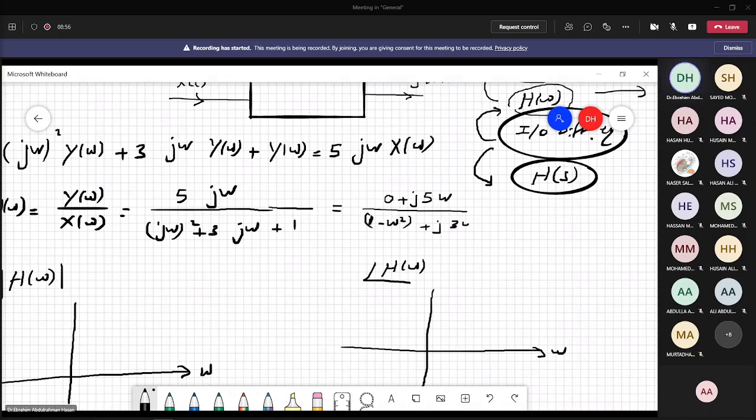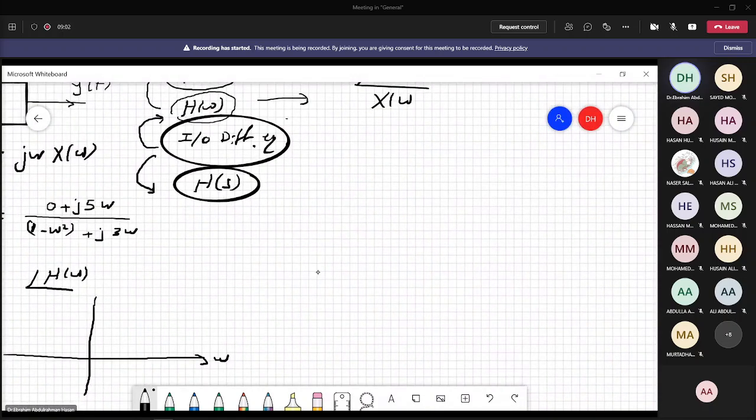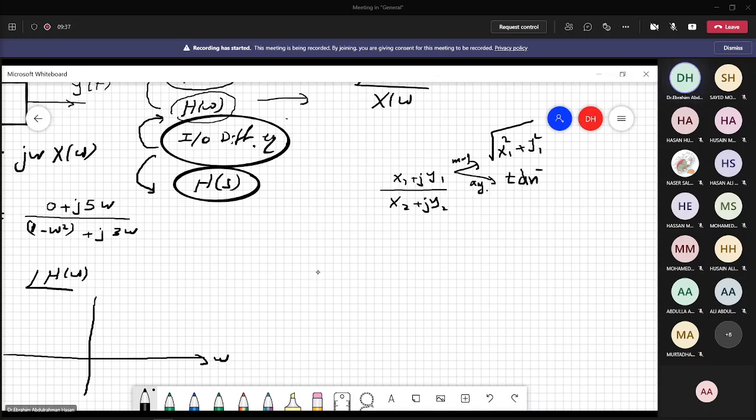plus j3 omega. From the beginning of the semester, we said that if I have the complex number x1 plus jy1 divided by x2 plus jy2, then its magnitude equals the magnitude of the numerator divided by the magnitude of the denominator. The magnitude of the numerator is the square root of x1 squared plus y1 squared, and the angle is tan inverse of y1 divided by x1.